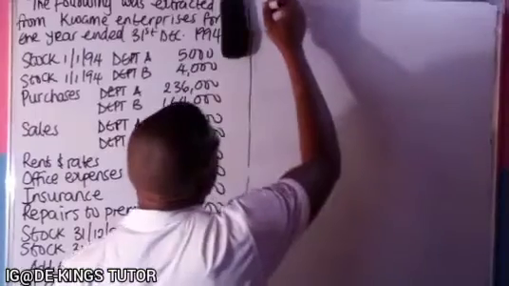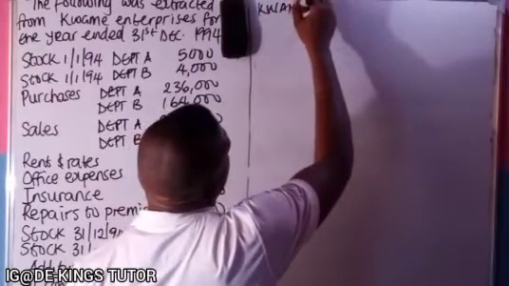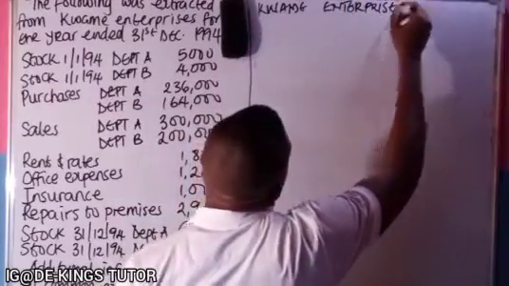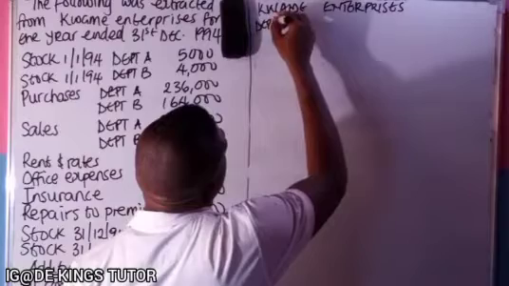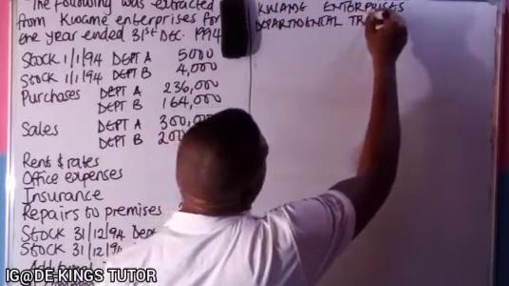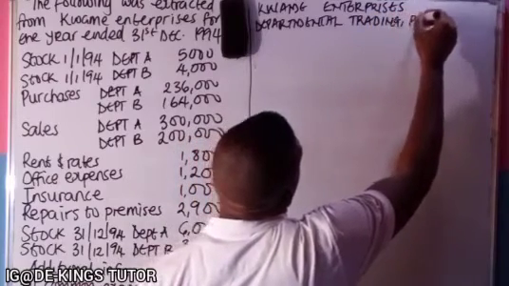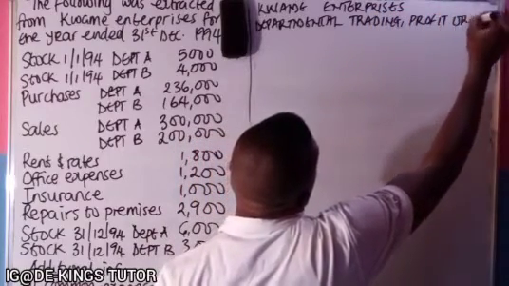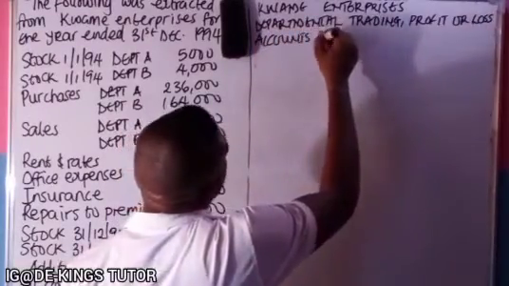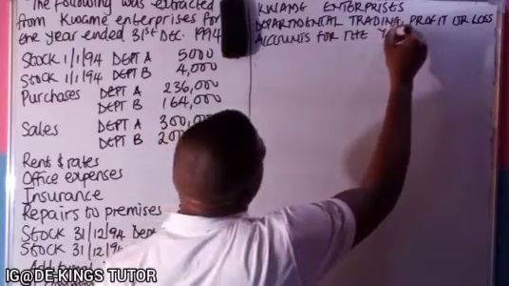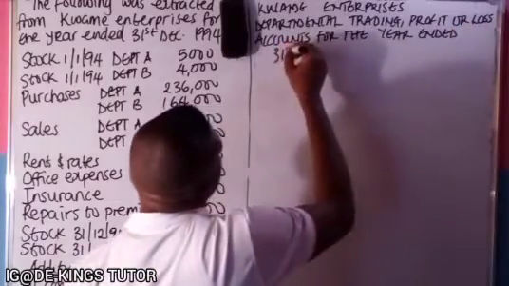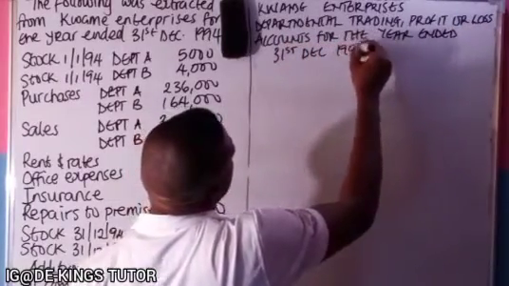Okay, so it will be Kwame Enterprises. So we have departmental trading profit or loss account for the year ended 31st December 1994.